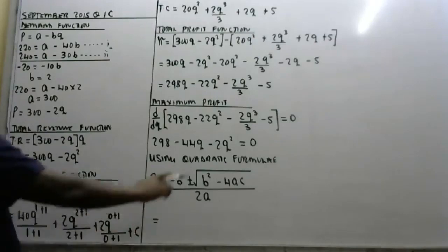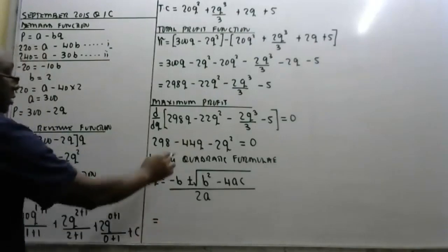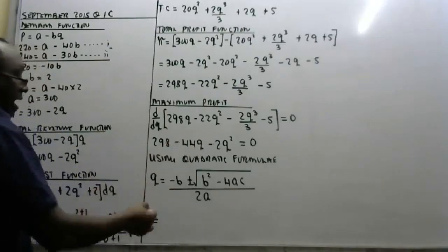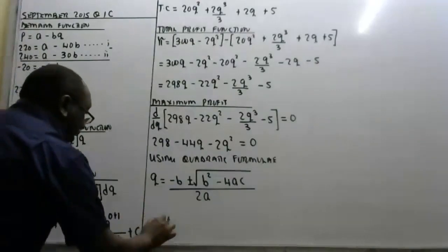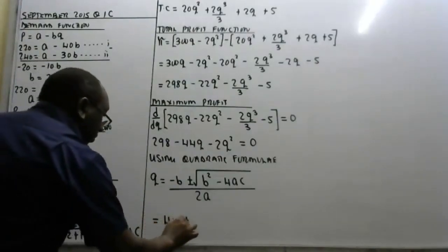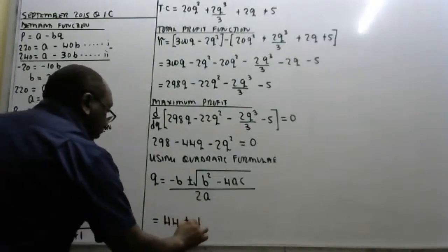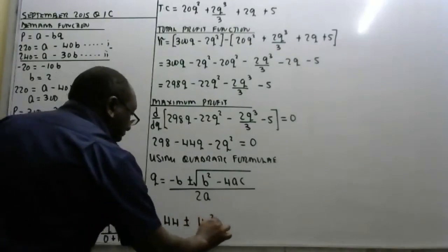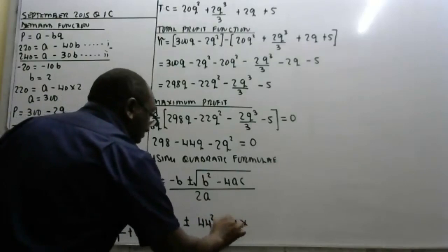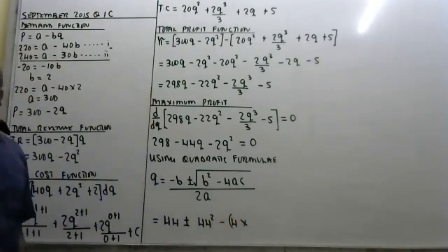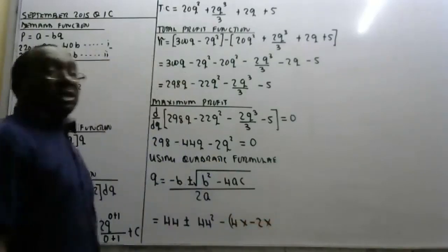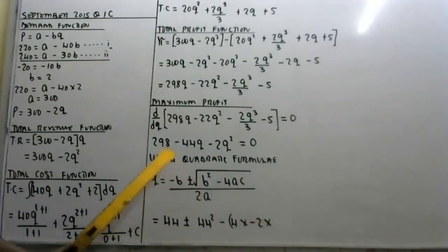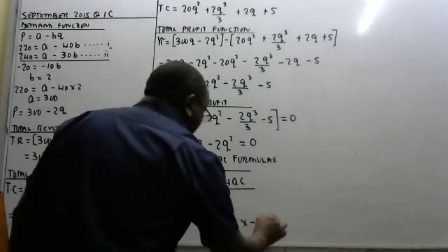The value of B is the one that does not have square, so it's minus 44. So minus 44 becomes 44. Plus or minus 44 squared minus 4 times A. A is the one that has the square, minus 2, times C. C is the one that does not have Q, 298.